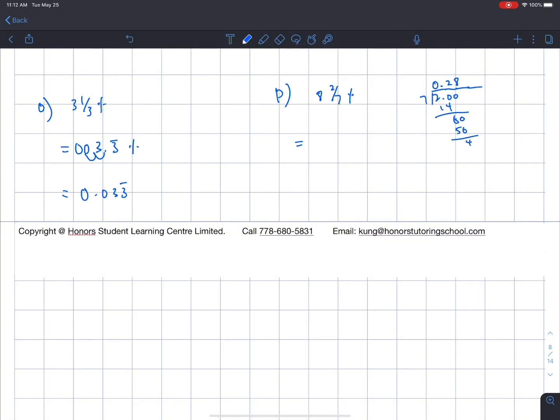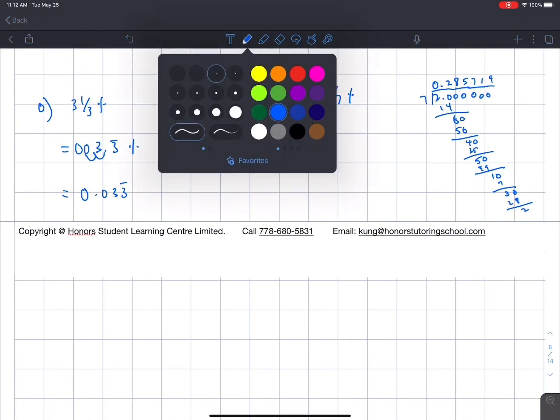And 0, move it down. 7 times 5 is 35. Subtract, add a 0, move it down. 7 times 7 is 49. Subtract, add extra 0 and move it down. 7 times 1 is 7. Same idea, continue. 7 times 4 is 28. And we are finally back to 2 over 7.